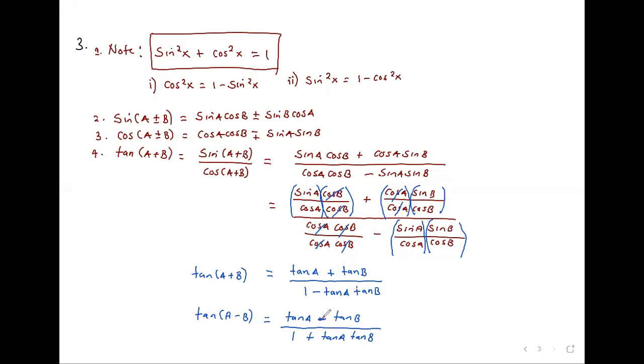The sign of the numerator is the one that you have in between there. The sign of the denominator is the opposite sign of what you have.